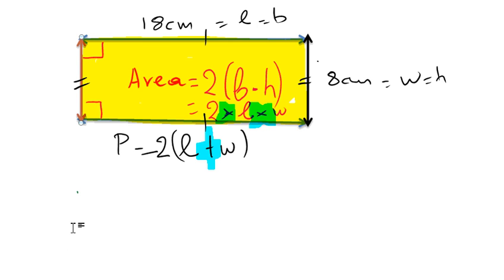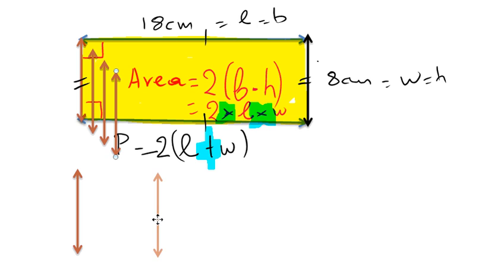the square is made out of 4 sides that have the same length. So one side and another side and another side with the same length give me the perimeter of the square.